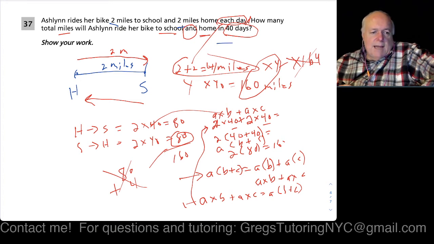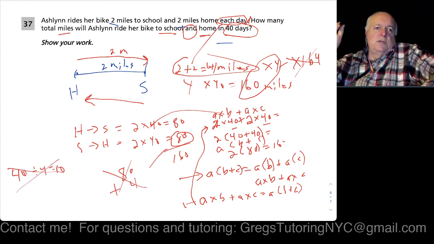What we're also not doing is taking the 40 days, right, and dividing it by 4 and getting 10. Okay, we're not doing that either, right? Think the problem through, right? She's doing 4 miles a day in 40 days, right? And sometimes it's worth just bringing it down to the lowest level.